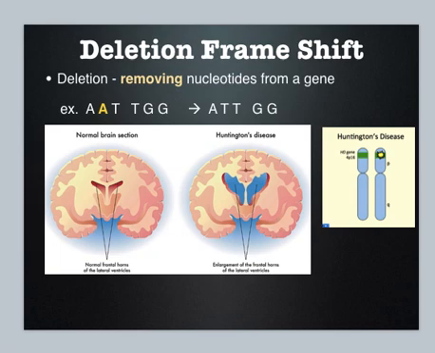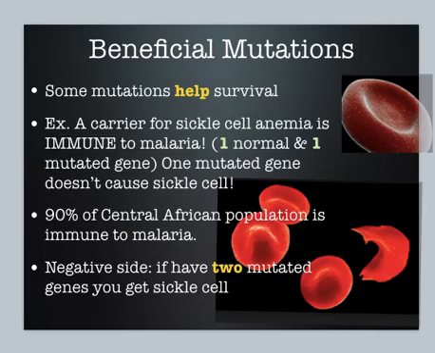So those are your 2 mutations. Point mutation, which is the term the state of North Carolina uses, and a frame shift mutation, where you're adding or deleting nucleotides, which changes all the gene function. Now, every now and then, a beneficial mutation occurs. Beneficial means a mutation that helps survival. The example, we know where sickle cell comes from.